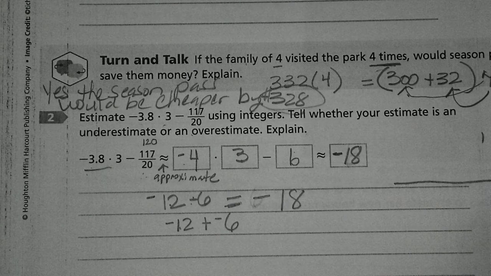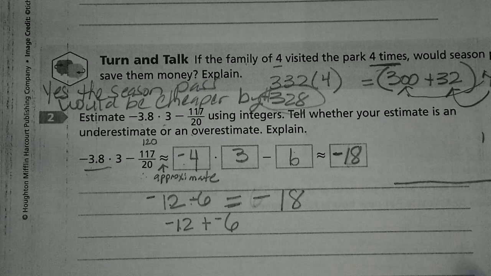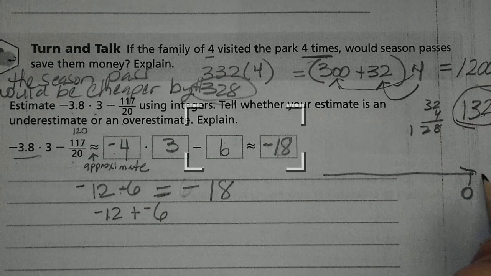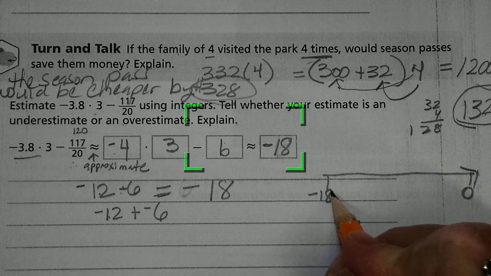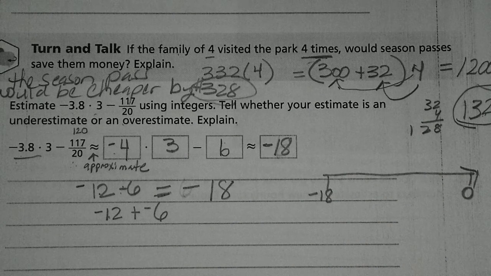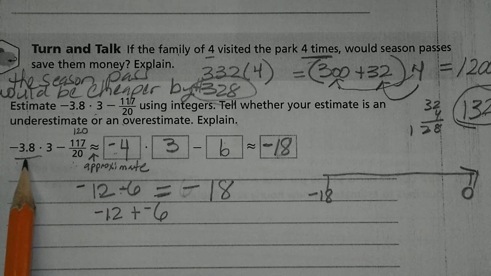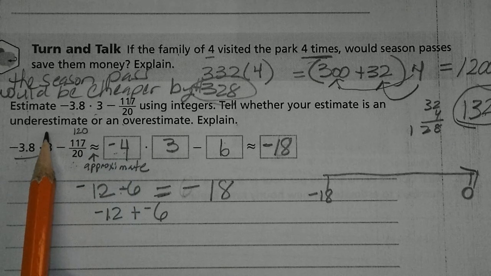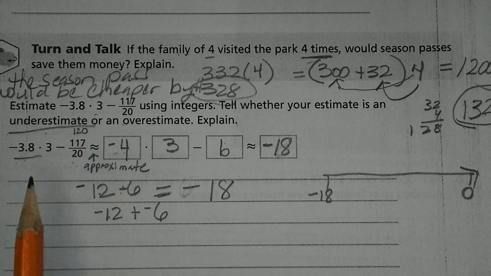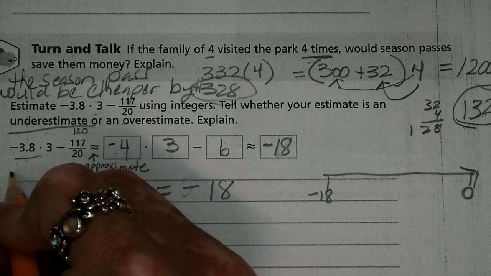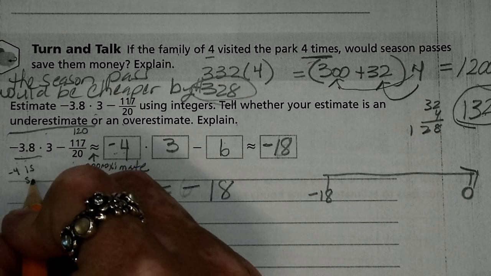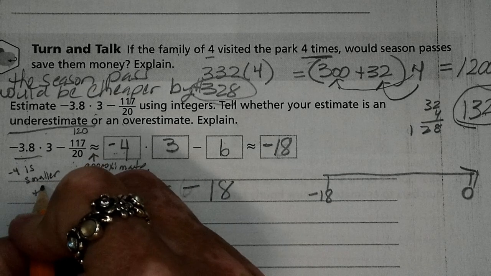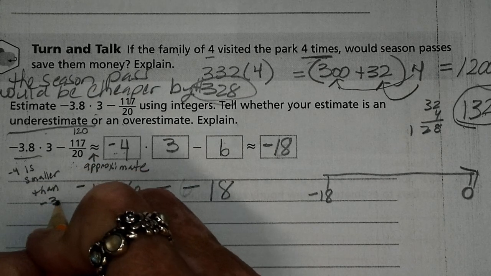Remember, if we're looking at a number line, this is 0 down here, right? And my -18 is going to be somewhere there. So because we rounded the -3 8/10 to -4, it is going to be an underestimate because -4 is smaller than -3 8/10.